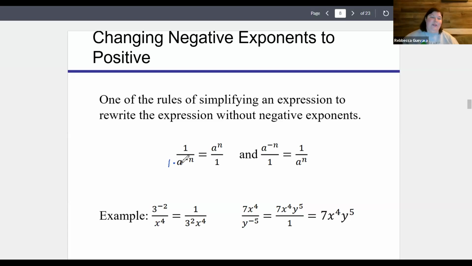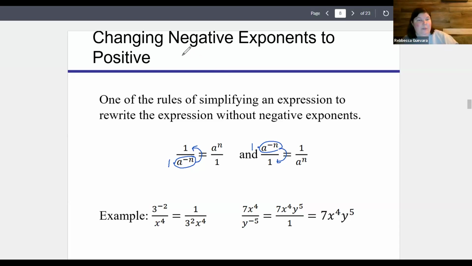Imagine there's a negative 1 multiplied in this. So this whole part is flipped to the top, and that exponent goes from negative to positive, leaving a 1 on the bottom. Same thing here, we have an imaginary 1. If I have a to the negative n but I want n to be positive, I flip this to the bottom.